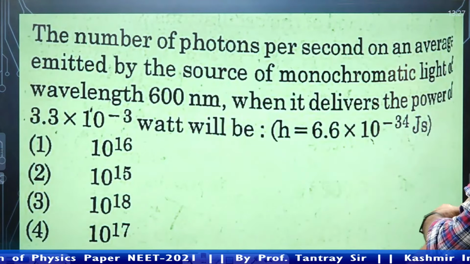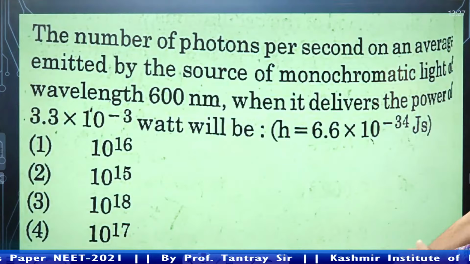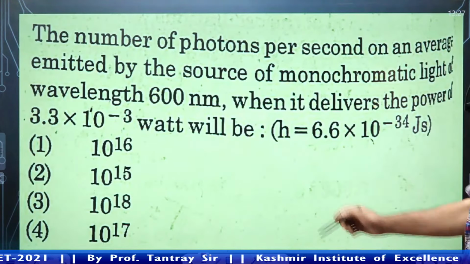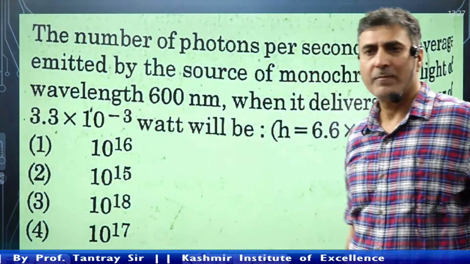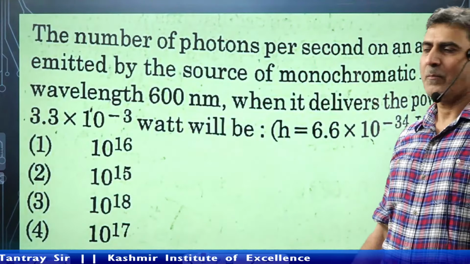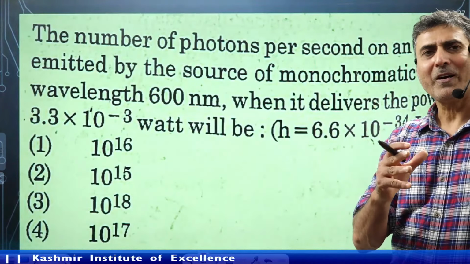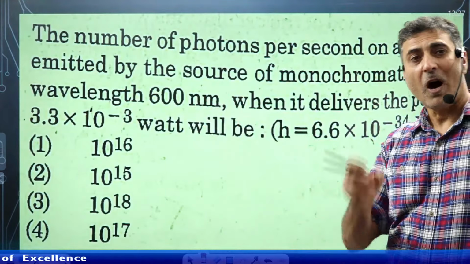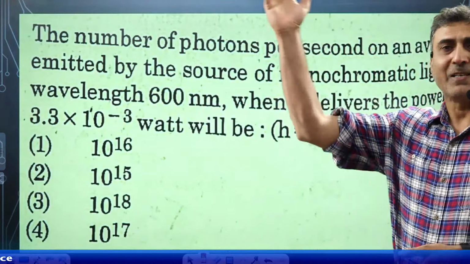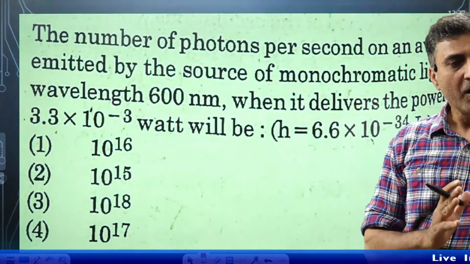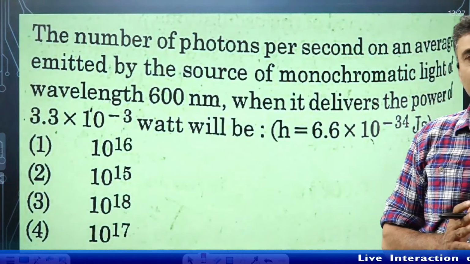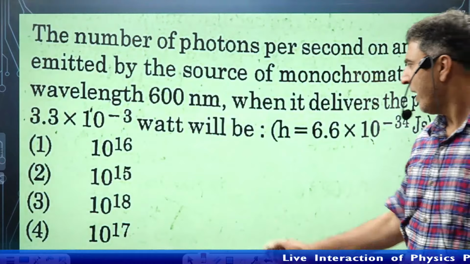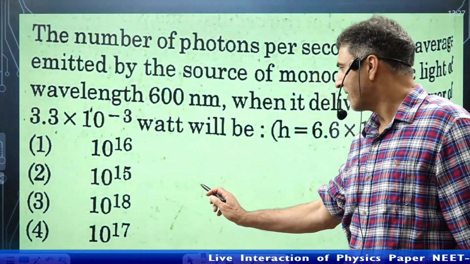What we have to find is the number of photons per second which will produce this much power. Photons are coming and impinging on some target. We have to see that it delivers the given power. So how many photons per second are emitted by the source, or received by the surface per second. That's it.